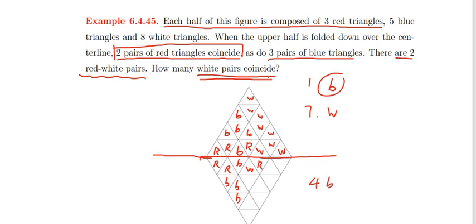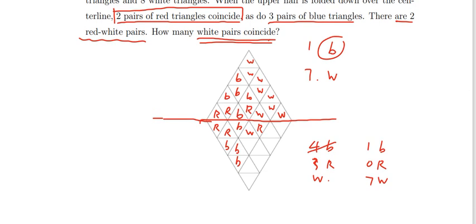Or we have 1B, 1 blue. And we have 3R already, so no R, 0R. And we have only ordered one W, so here we should have 7W. So we just put this 7W here.